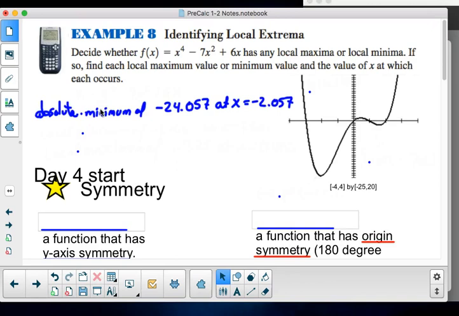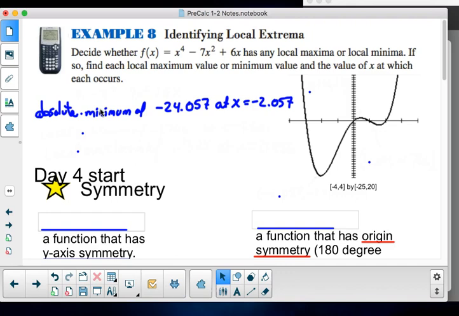And according to what I just asked you to write, that's how I'm writing it. It's absolute because there's nothing smaller than that in this graph. It's local or relative when there is something smaller, or bigger.